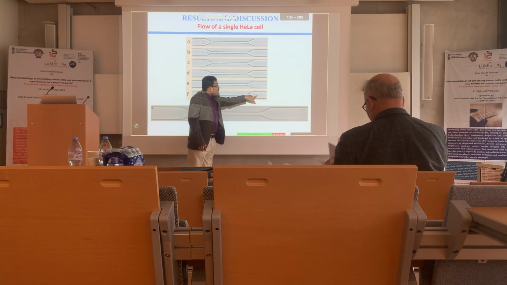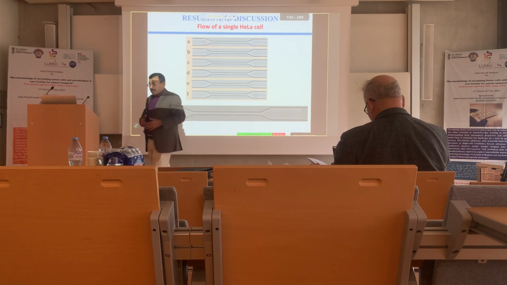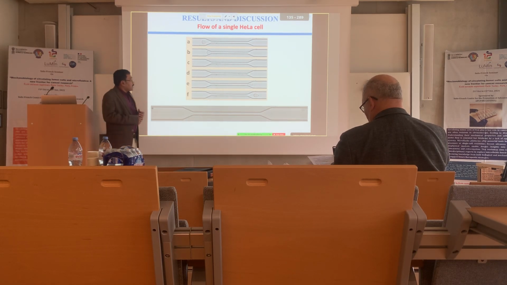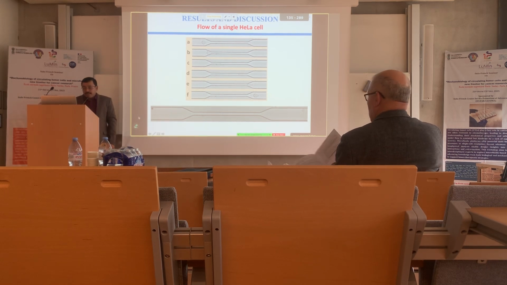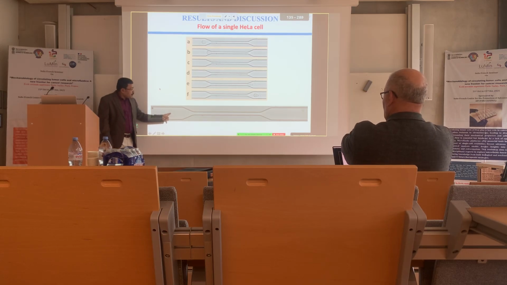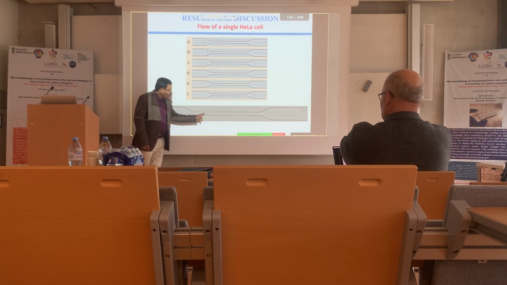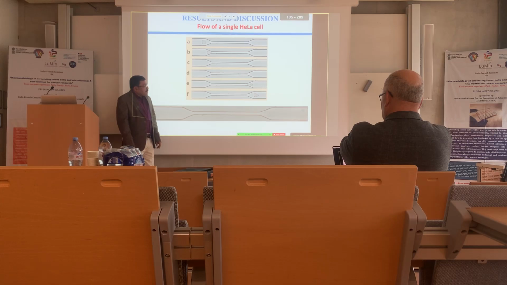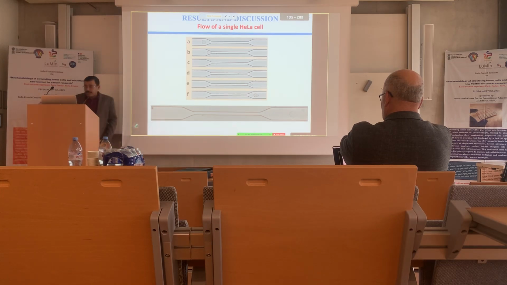As it is a single cell, the shape is almost similar but somewhat distorted, and it happens very fast. You can see from this animation how quickly it passes through this channel. That is the visualization of the flow of a single HeLa cell.